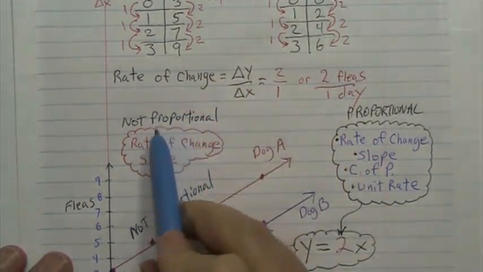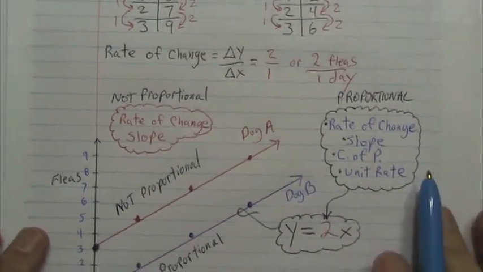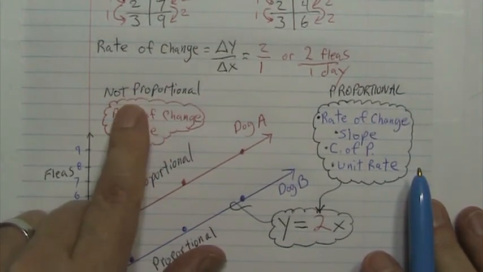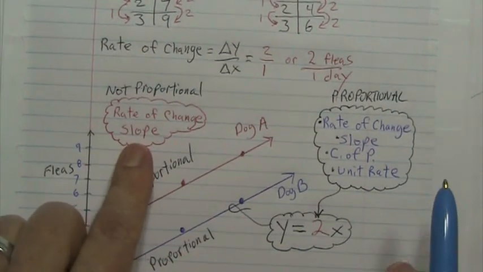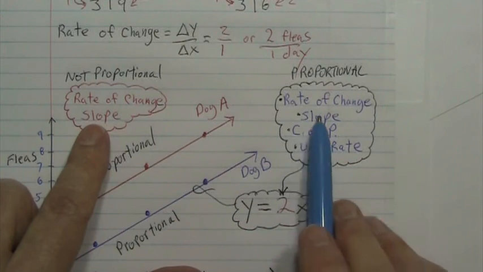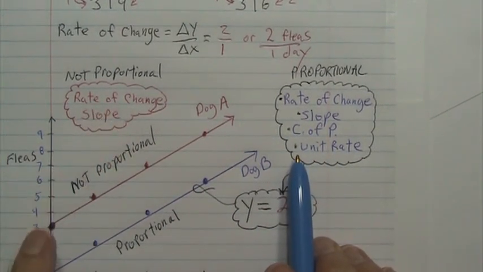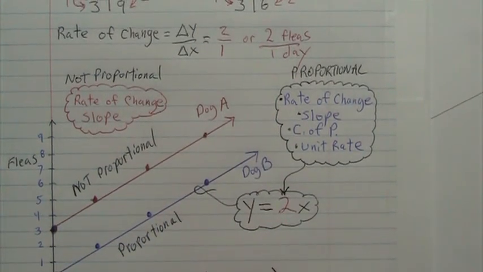Next year you will be dealing with this, not proportional. Rate of change, and they'll use slope. They will not use constant of proportionality or unit rate. They won't use those 2 words. They'll be using these words because you'll be dealing with a lot of lines that do not go through the origin.